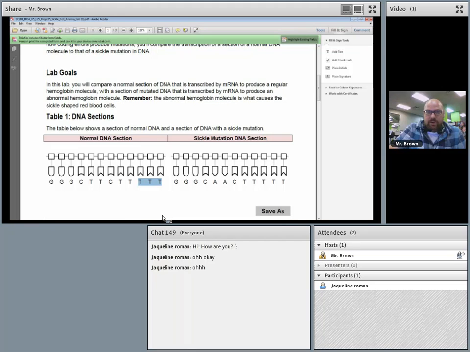A codon is 3 bases, so count off by 3s. Same thing for the sickle cell: 1, 2, 3, 4. So there are 4 codons in each strand.